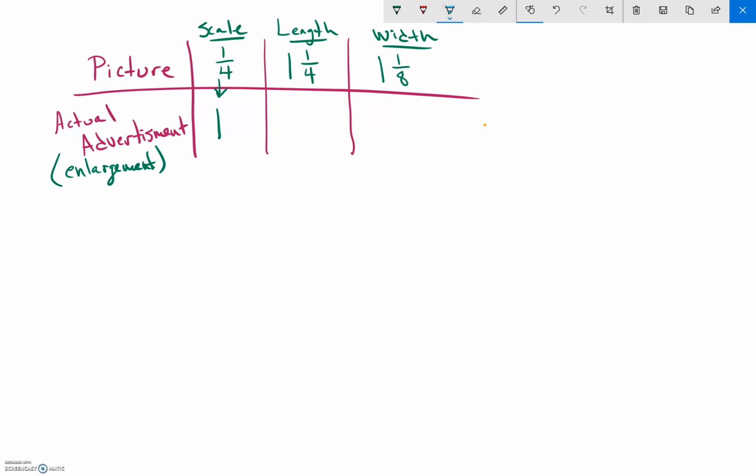So then we ask ourselves, what do you do to 1/4 to get 1? To get 1 from 1/4, you multiply by 4. 4 over 1. That would give us 4 over 4, or 1. So what we did here is multiplied by 4. That's called K, our constant of proportionality.